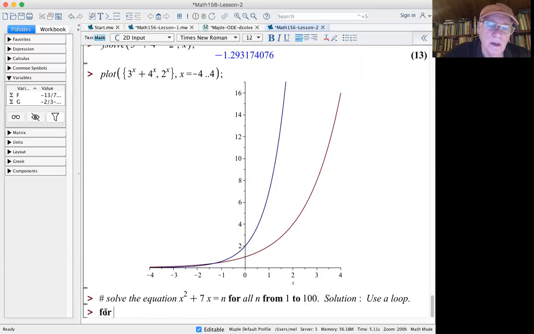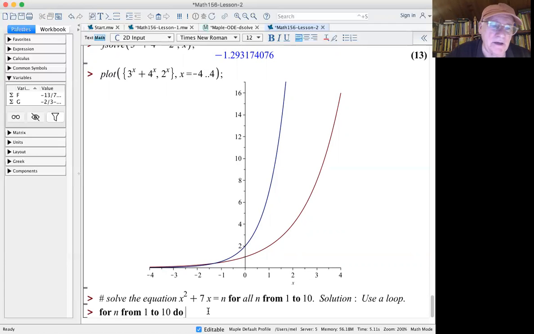For n from 1 to, let's just go up to 10 so we don't have to use up too much space. For n from 1 to 10, do. And now I want to move down a line.